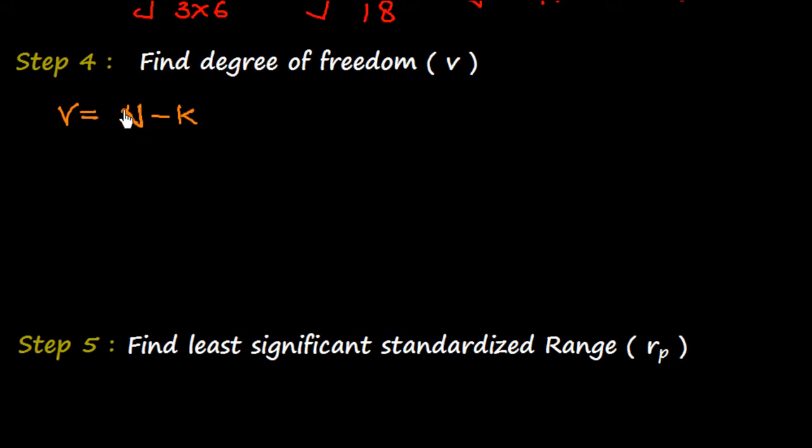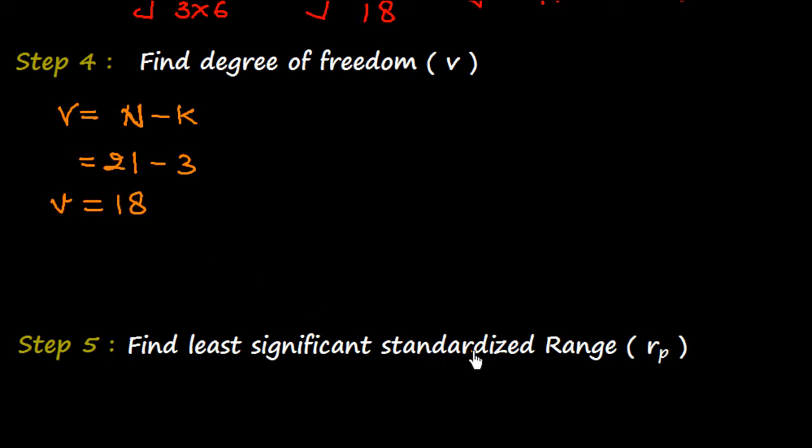N, the capital N, is the total number of observations, which is 21. So put down here 21, and k is the number of groups, which is 3. So we get here 18 as the degree of freedom.